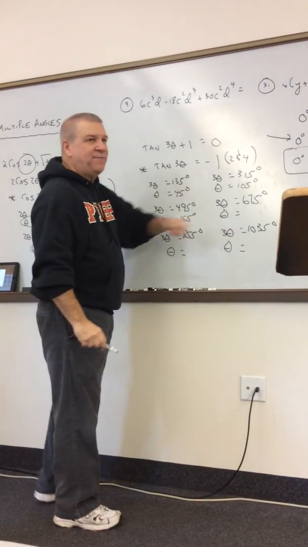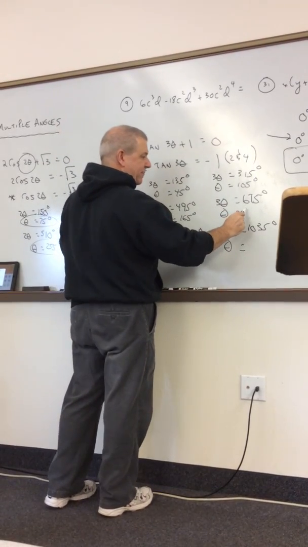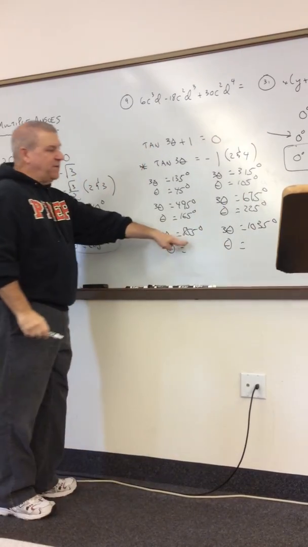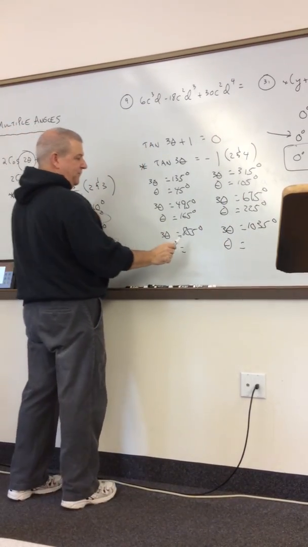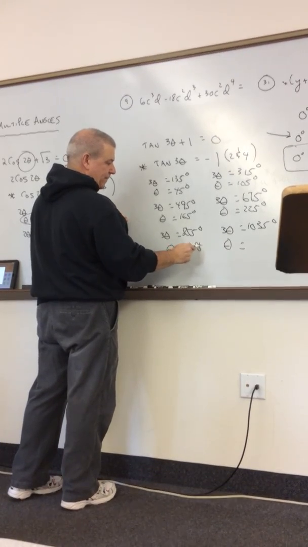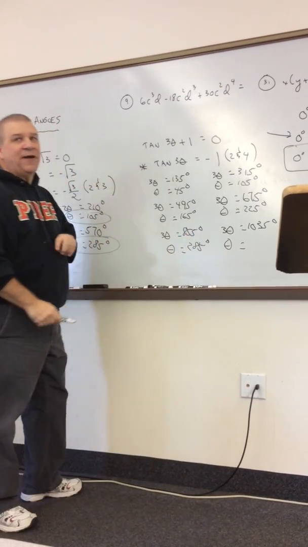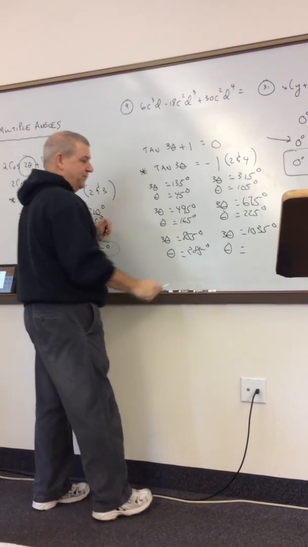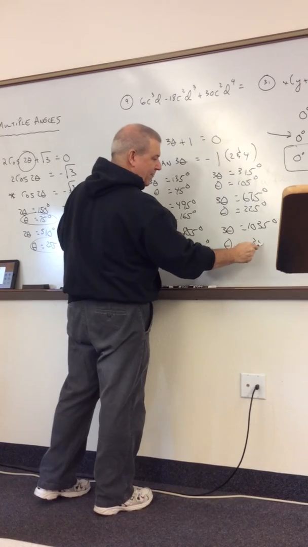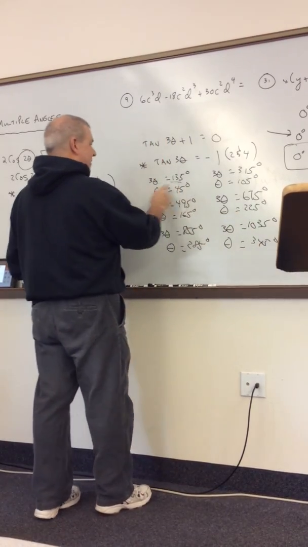What's 675 divided by 3? 225. What's 855 divided by 3? 285. And what's 1035 divided by 3? 345. Watch what I'm going to show you.